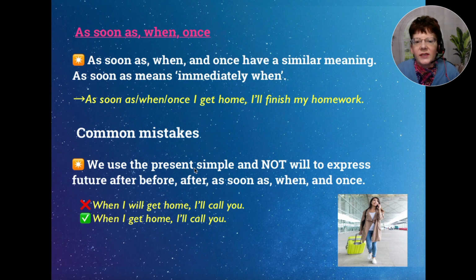We use the present simple and not will to express the future after before, after, as soon as, when, and once. So here's an example. When I will get home, I'll call you. So in this type of clause here, we can't use will. When I get home, present simple, I'll call you.